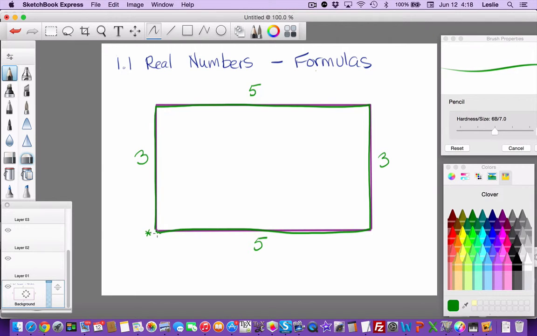The total length is 3 plus 5 plus 3 plus 5. So the perimeter of this rectangle is 3 plus 5 plus 3 plus 5.